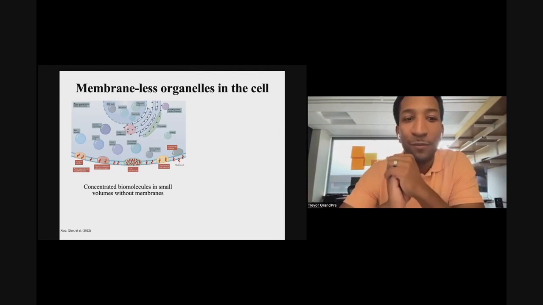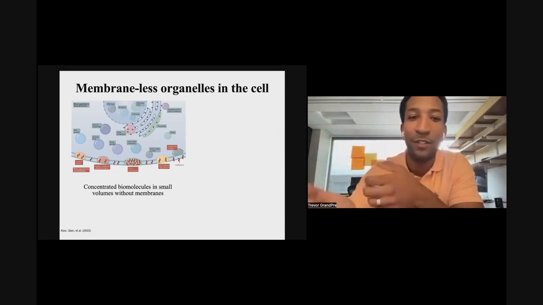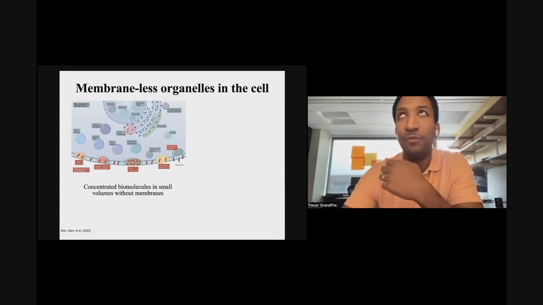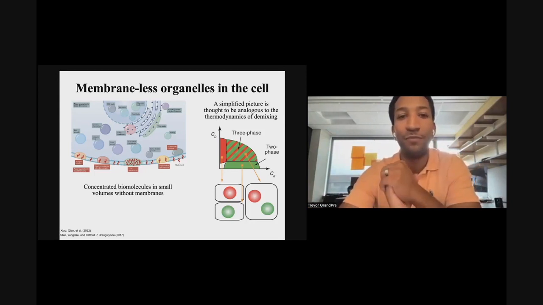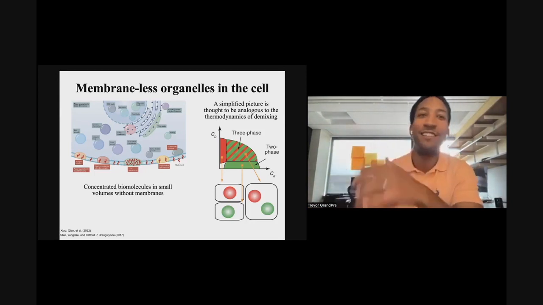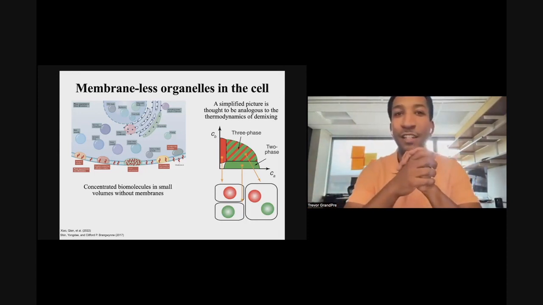So one definition is that biomolecular condensates are concentrated biomolecules in small volumes without membranes. But there is some controversy with this, or it's not fully understood which proteins or DNA or RNA in the cell form these membraneless organelles or biomolecular condensates.